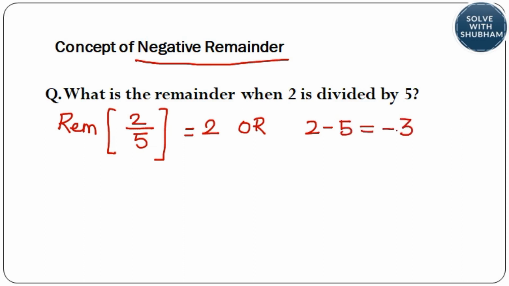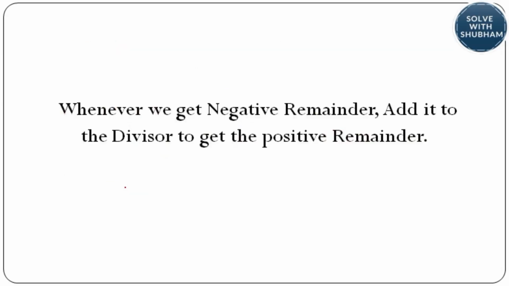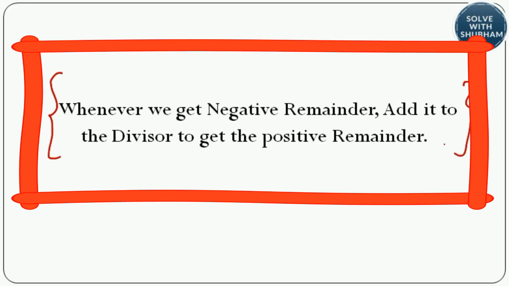Whenever you get the negative remainder, add it to your divisor to get the positive remainder. So in this case, if the remainder was given as minus 3, we can add it to the divisor to get the positive remainder. So emphasizing on the concept, whenever we get negative remainder, add it to your divisor to get the positive remainder.